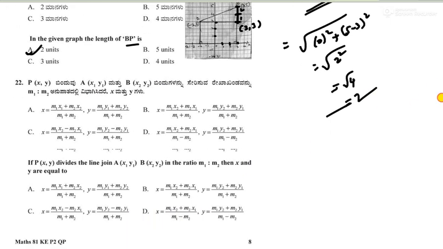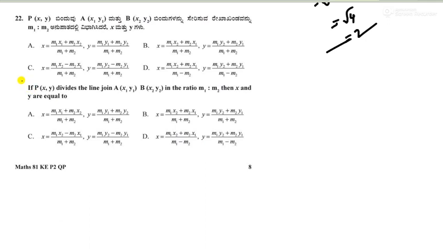Moving to question number 22. So what is the question? If p of x comma y divides the line a b in the ratio m1 is to m2, okay, then x and y is equal to. So here you have to write which formula? Yes, section formula. Okay, so I will tell you one trick.